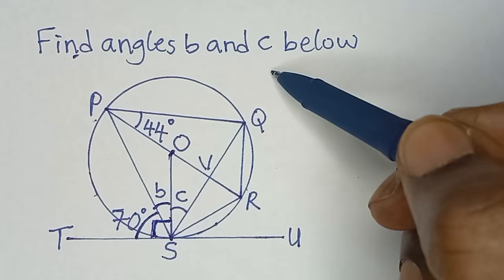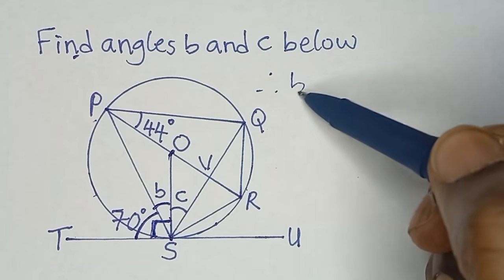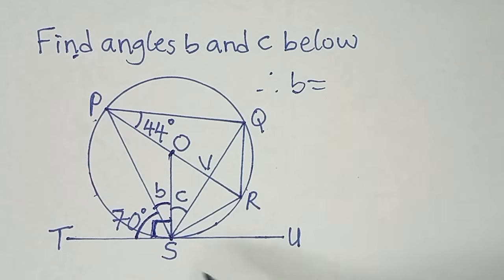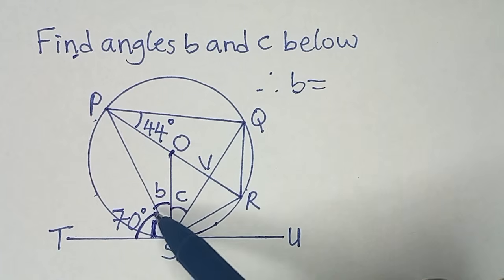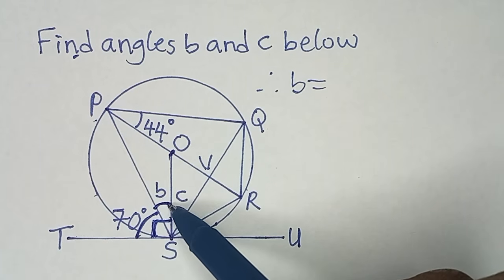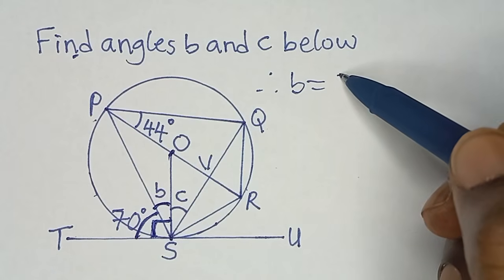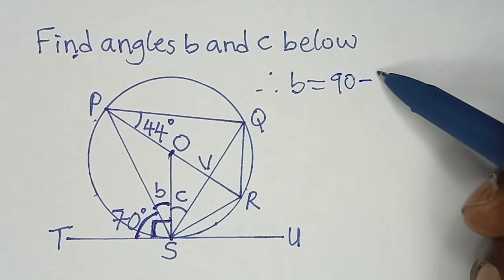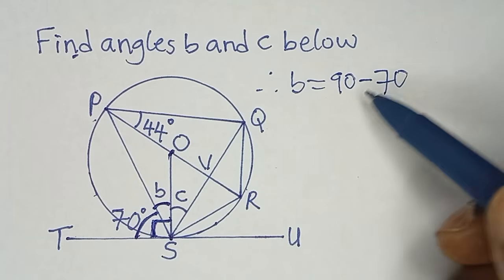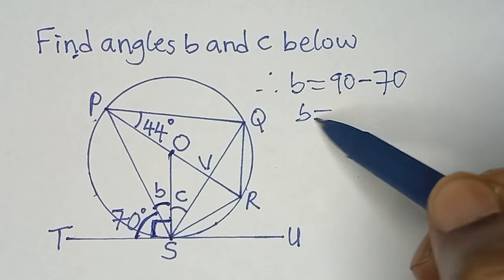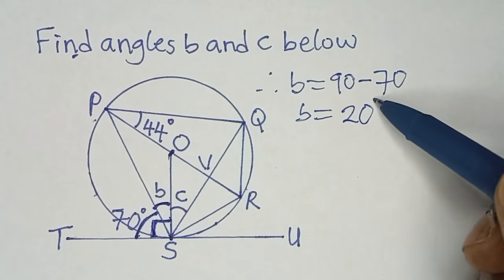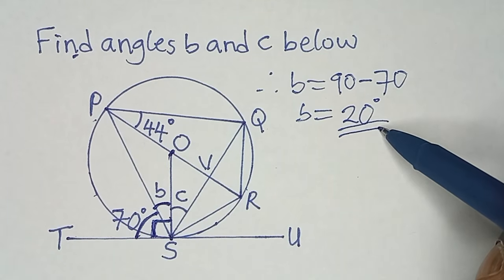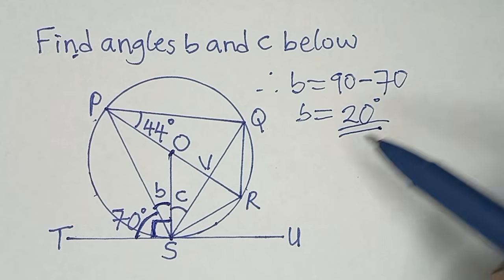So I can simply conclude by saying angle B will be equal to the full angle, which is 90, minus a portion of it, 70. That will give us the remaining part, which is B. So B will be 90 minus 70, and that will give us angle B as 20 degrees. So obtaining angle B is simple, 20 degrees.